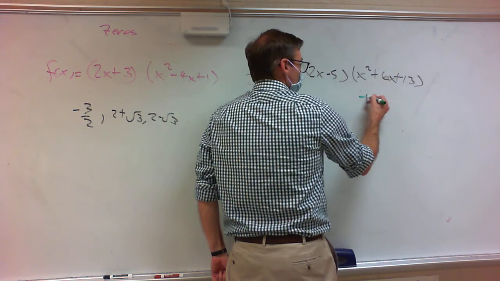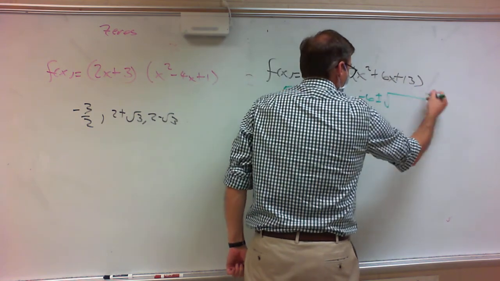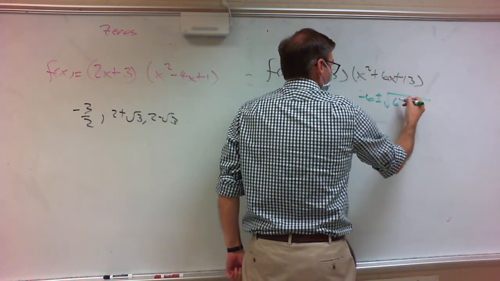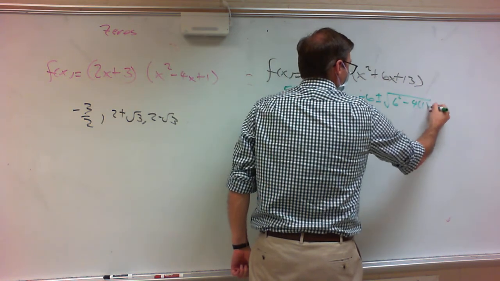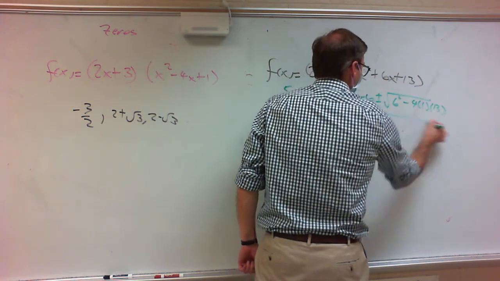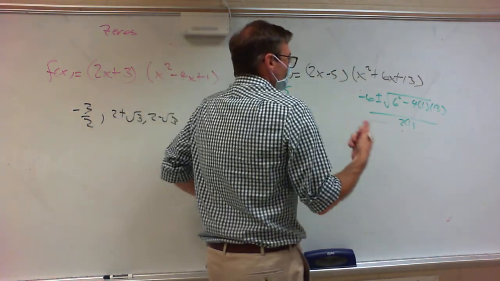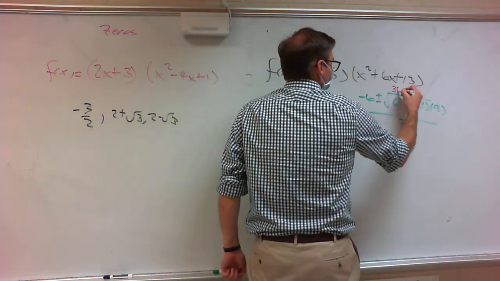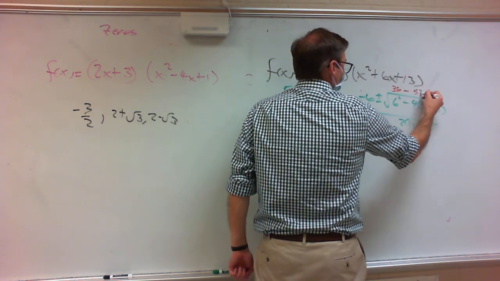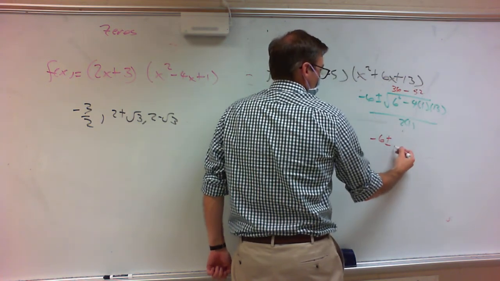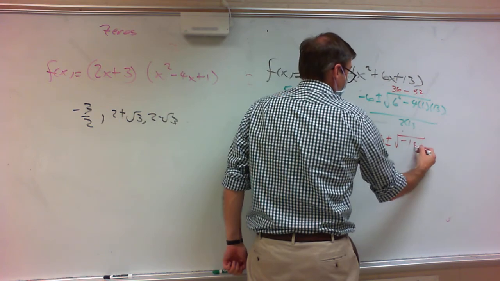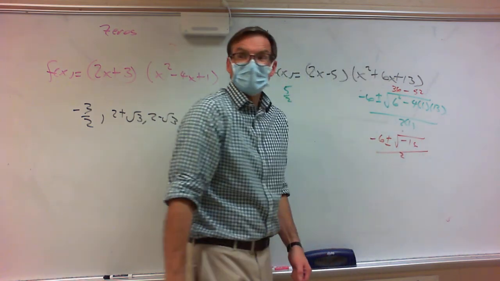Since it doesn't factor, we're going to have to use the quadratic formula. That's going to give me negative 6 plus or minus the square root of this squared minus 4 times 1 times 13, all over 2 times 1. That's 36 minus 52, so I get negative 6 plus or minus the square root of negative 16 all over 2.